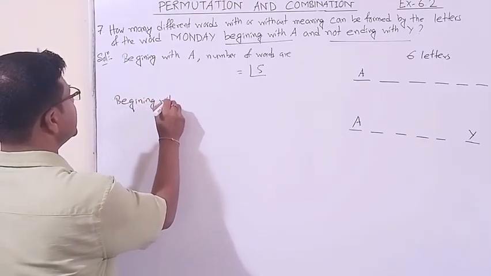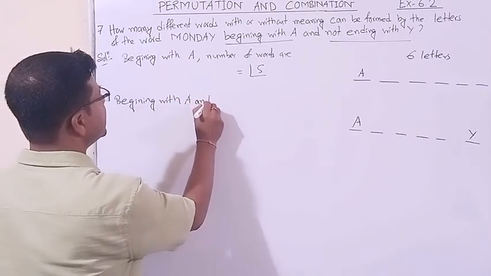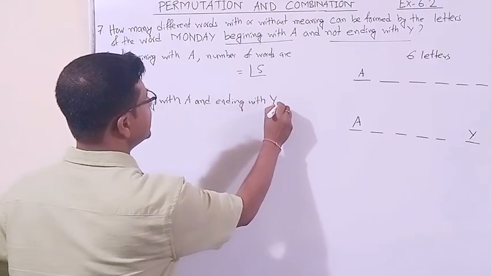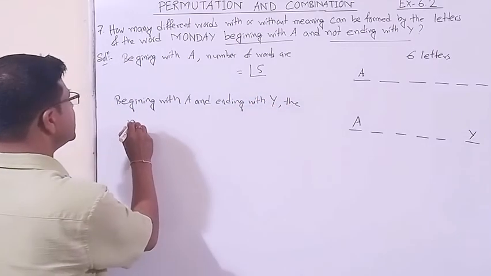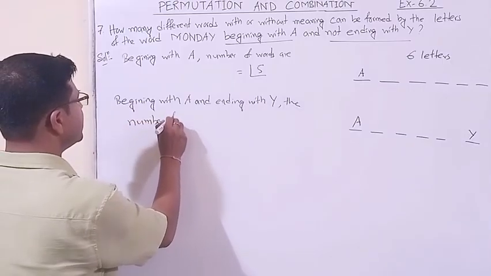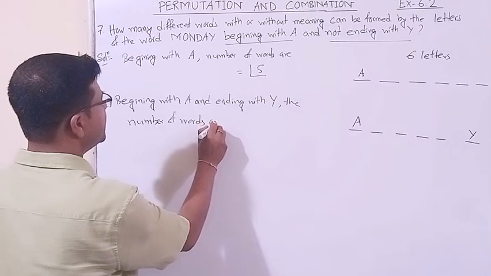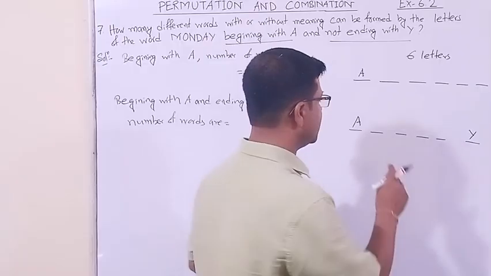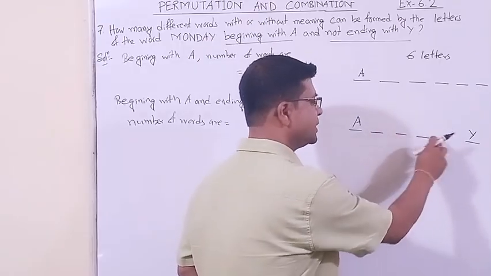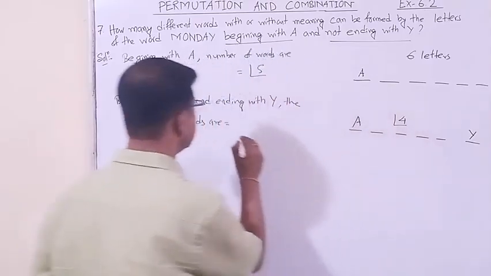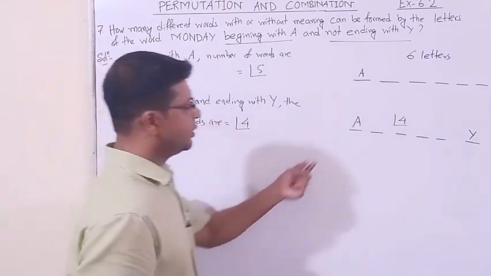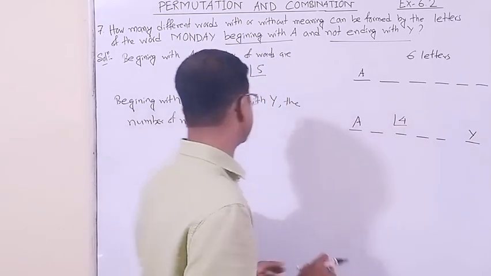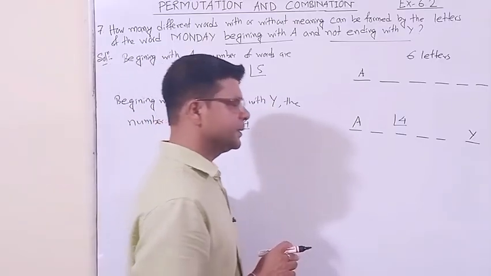Beginning with A and ending with Y, the number of words is, how many? You see, out of 6, 2 places are already filled up. So how many places are there? 1, 2, 3, 4. 4 places. These 4 places can be filled up in how many ways? Factorial 4 ways. That means the number of words which start with A and end with Y is factorial 4.